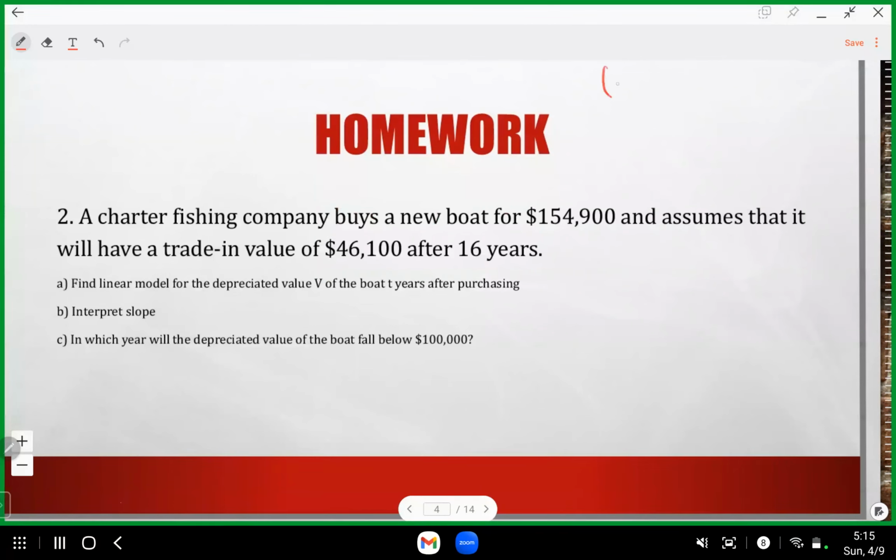Here are the 2 points: 0, 154,000, and then 16, 46,000. These are the 2 points you're given because x is the number of years after the purchase. So then you can find the slope from these 2 points and then finally make an equation.